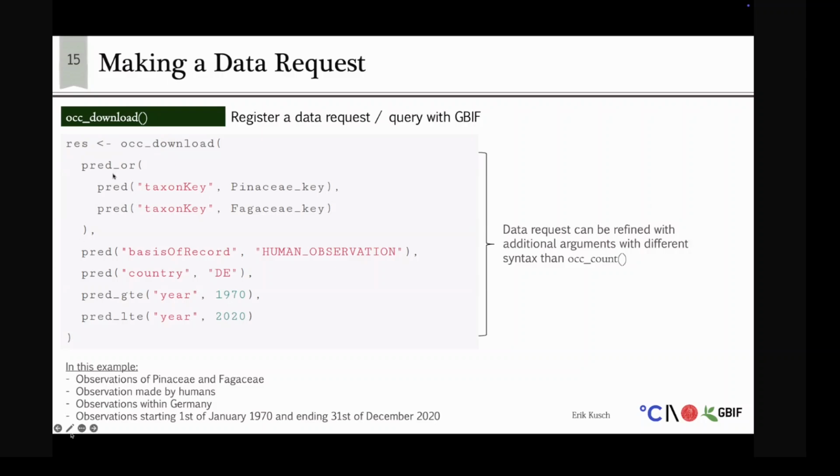What we do here is, again, just asking for all of the records that either match the Pinaceae key or the Fagaceae key. We ask for everything that has been recorded by a human because I want to exclude digitized specimens that are somewhere in collections in museums because I only want actual individuals that are out in the wild.